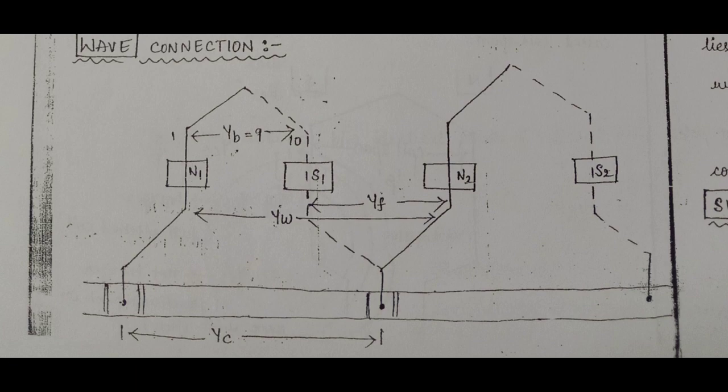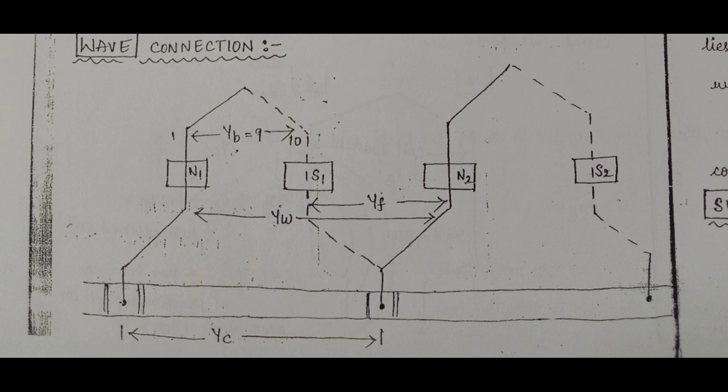So N1, S1, N2, S2, that is north pole 1, south pole 1, north pole 2, south pole 2. Here we can see the two coils from 1 to 10.